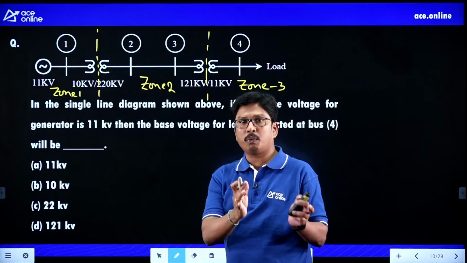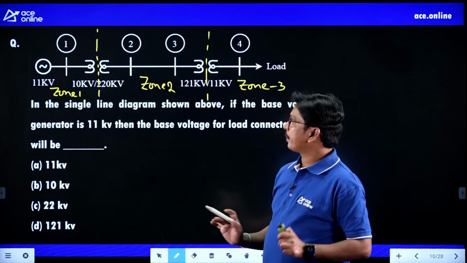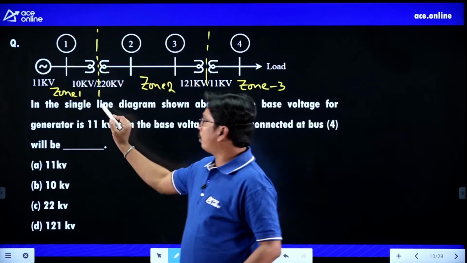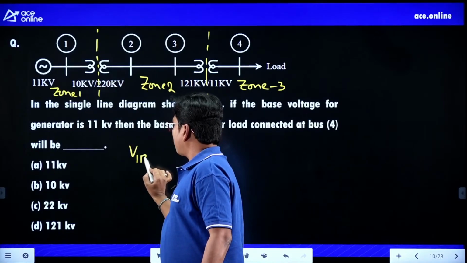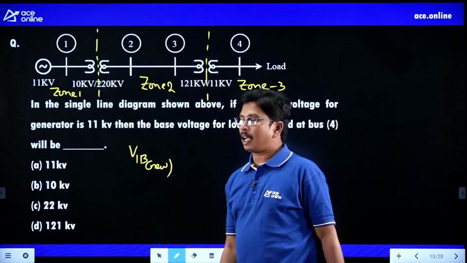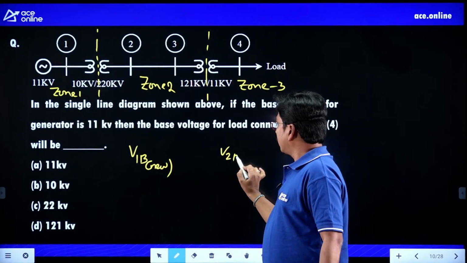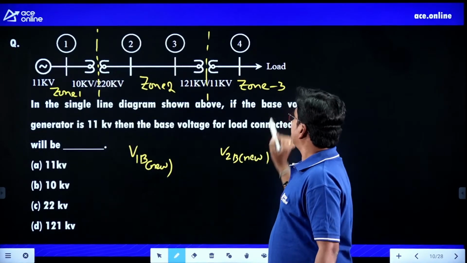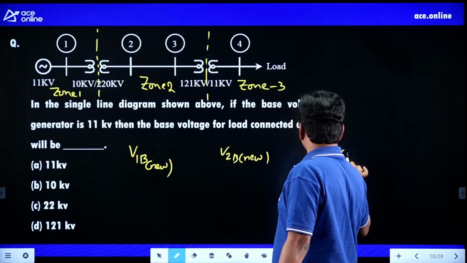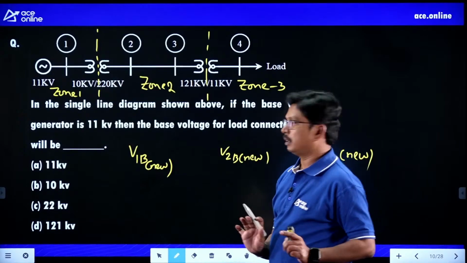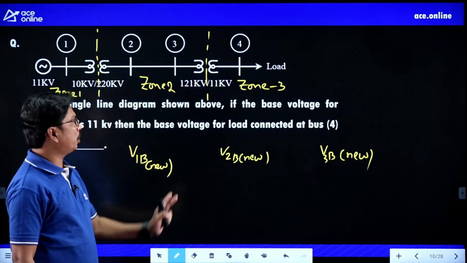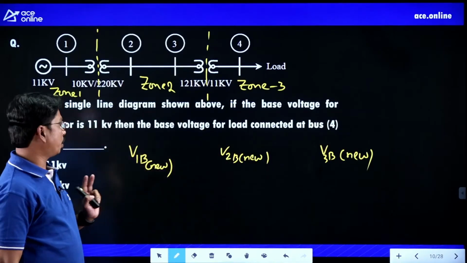In zone 1 we have the V1 base new value, in zone 2 the V2 base new value, and in zone 3 the V3 base new value.